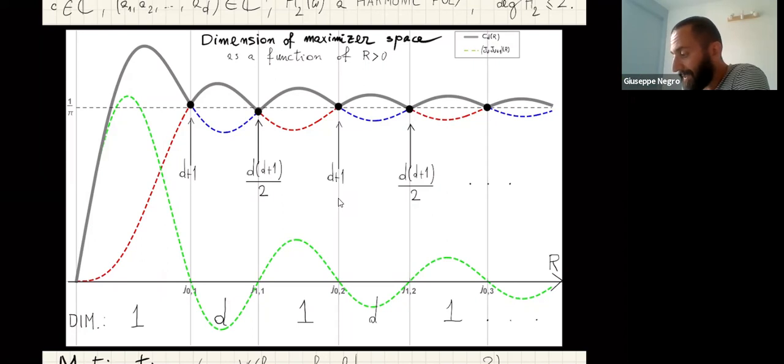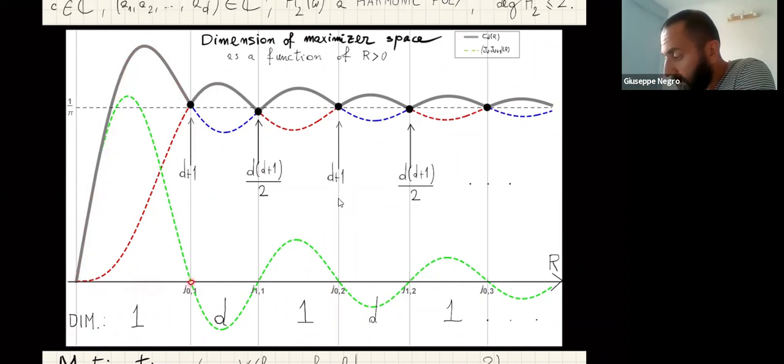When r is in this interval, remember, there is this function here, the green dashed one, which according to its sign determines which of the branches of the constant to choose. When the sign is positive, we choose this branch, and the maximizers are constant, so the dimension is 1.